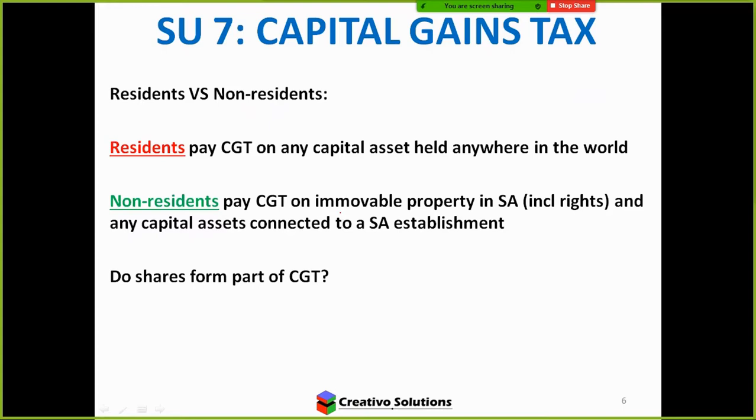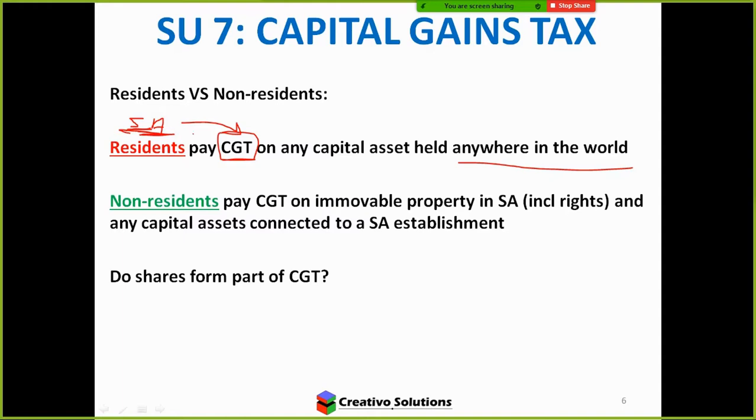Okay, residents and non-residents we spoke about before. The same thing applies here. If you're a resident, you would have to pay CGT on all your assets anywhere in the world. So if you have property in another country and you're a resident of South Africa, when you sell that foreign property, it will still attract capital gains tax in South Africa.